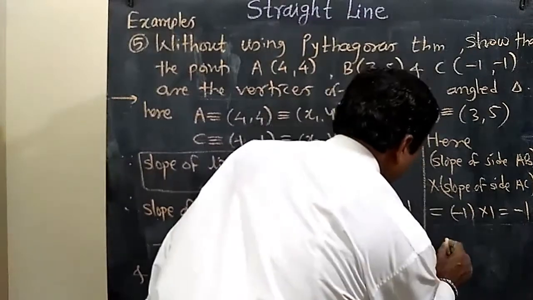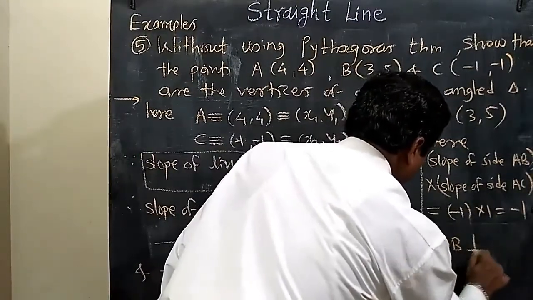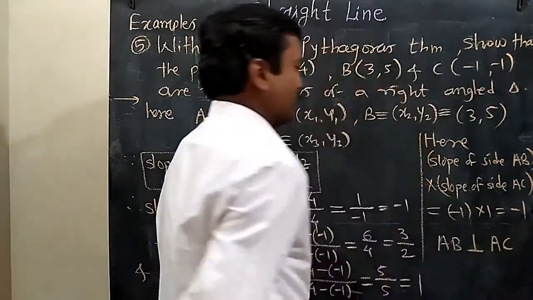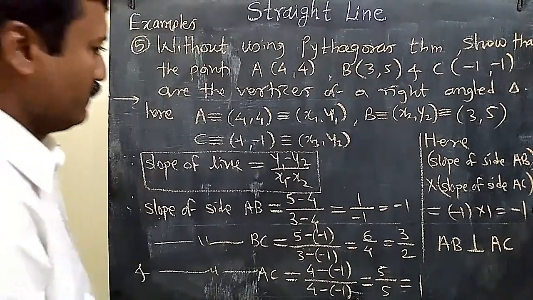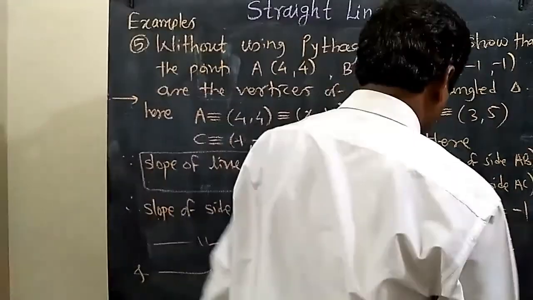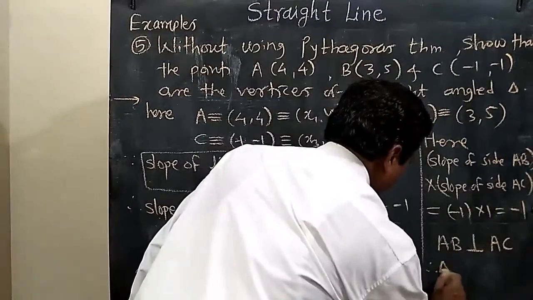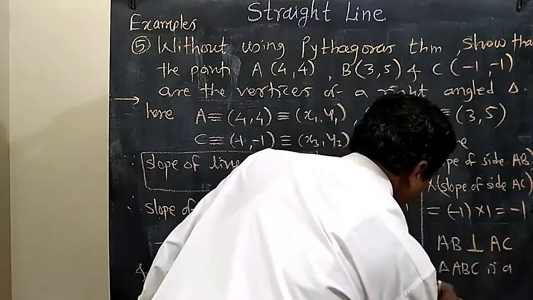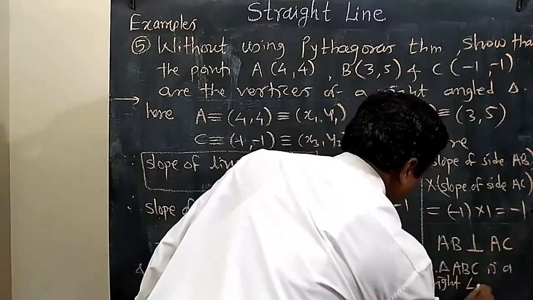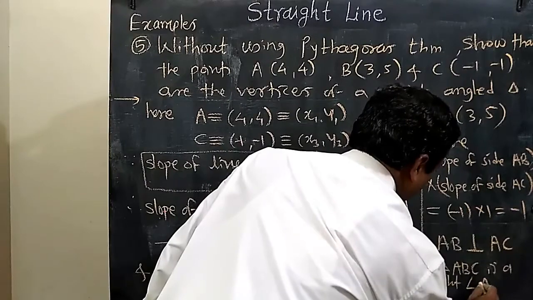It means AB is perpendicular to AC, and as AB is perpendicular to AC, obviously, therefore triangle ABC is a right angled triangle.